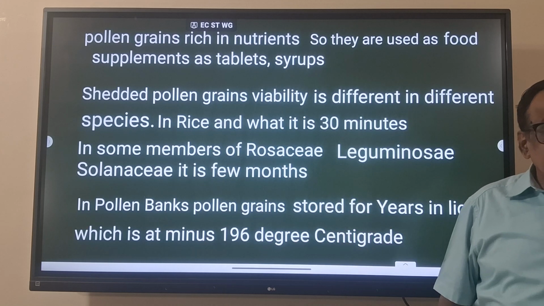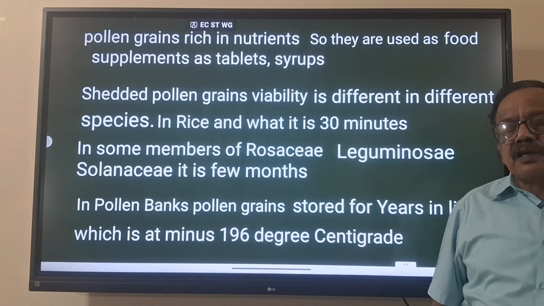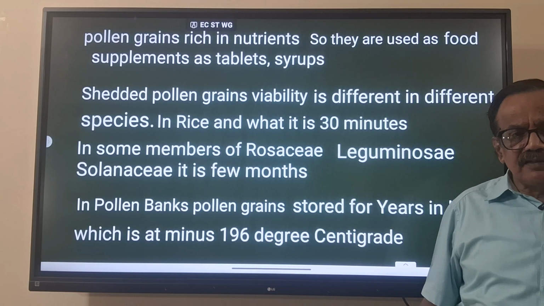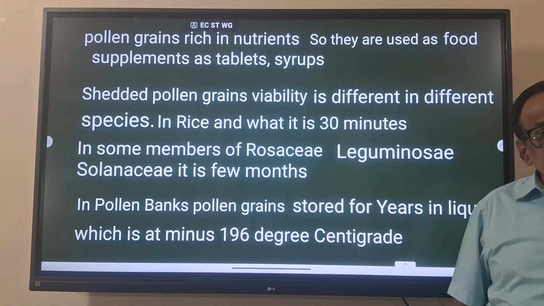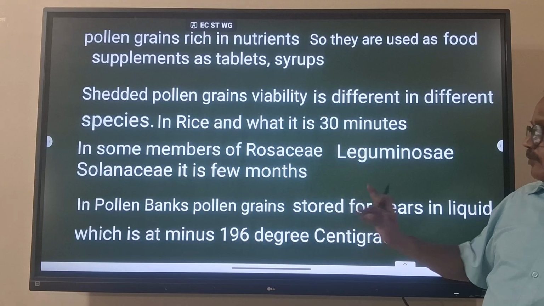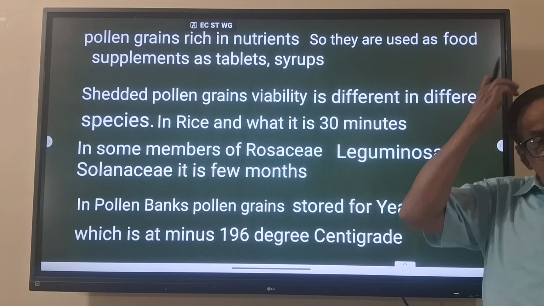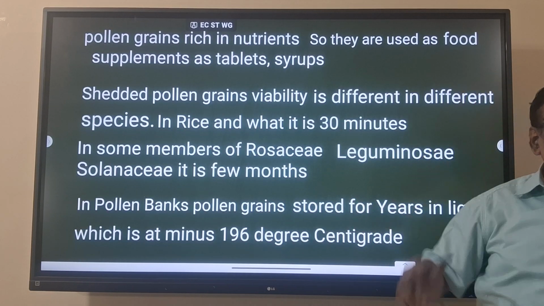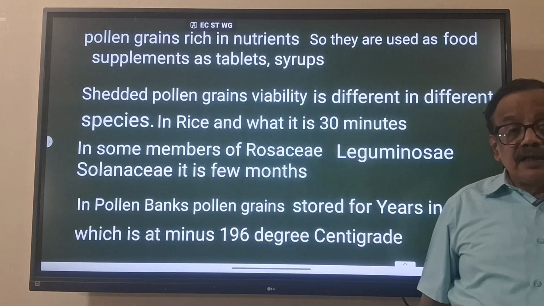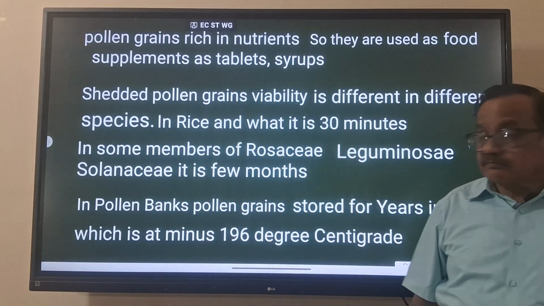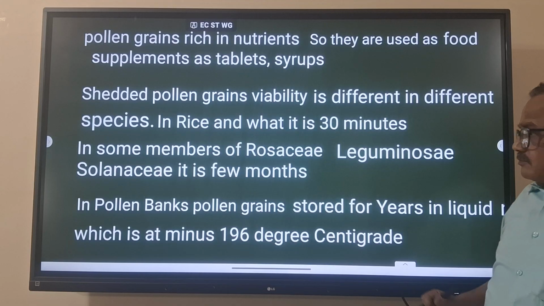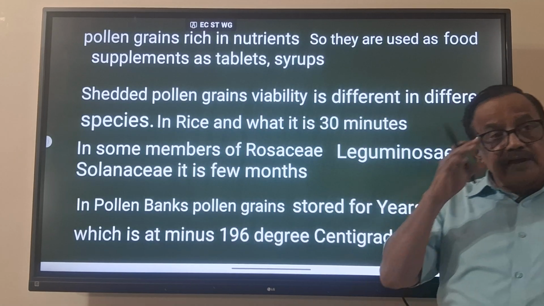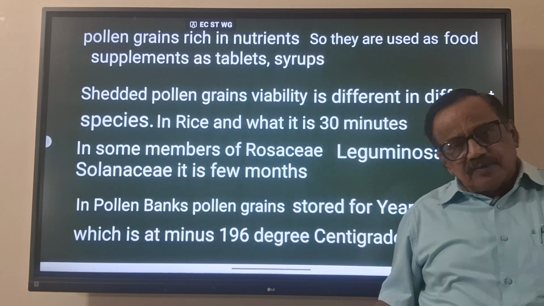They have that facility. Such viability may be 30 minutes, or a few months in some species.